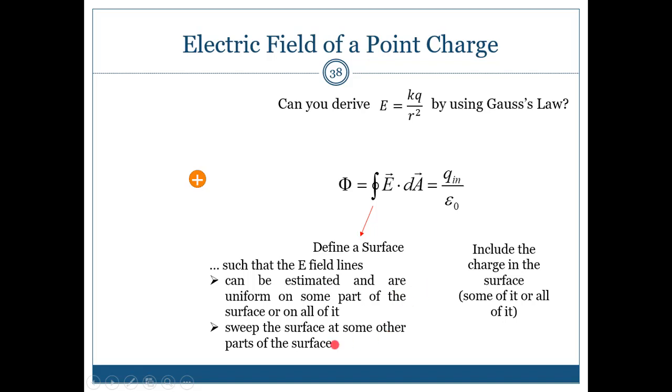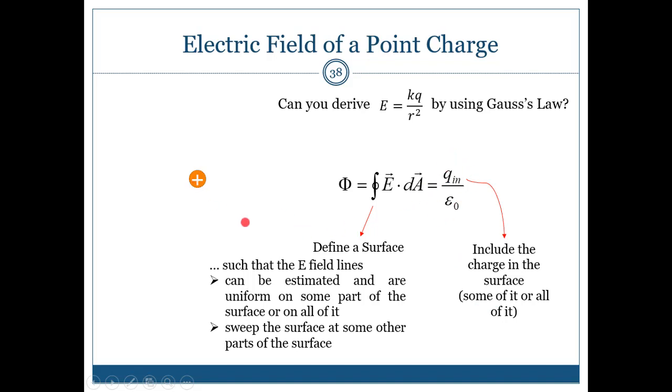And on the other parts, if it has multiple surfaces, the electric field lines should sweep the surface so we can get a 0 flux on that particular surface. Then our other criterion is including some or all of the charge in this Gaussian surface, so we don't have 0 on the other side of the equation, basically.